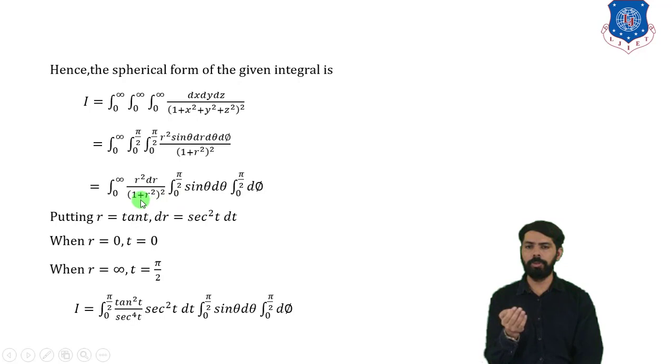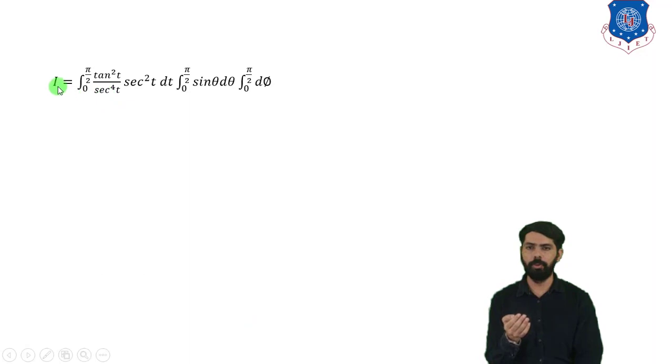Now we know that 1 plus tan square t is sec square t, so this will be sec square t whole square, so it will be sec raised to 4t into integration from 0 to pi by 2 sin theta d theta, then into integration from 0 to pi by 2 d phi. Therefore, I is equal to integration from 0 to pi by 2 tan square t sec square t dt whole divided by sec raised to 4t into integration from 0 to pi by 2 sin theta d theta into integration from 0 to pi by 2 d phi.